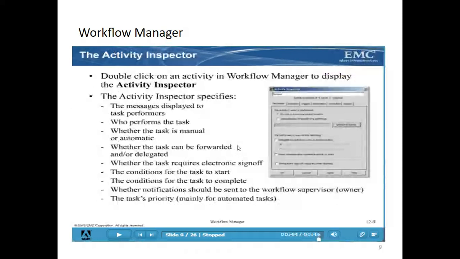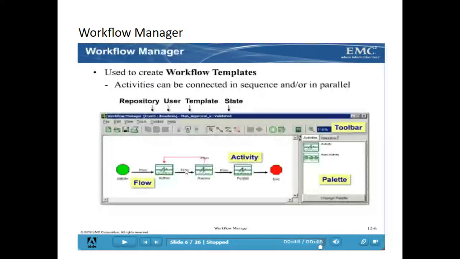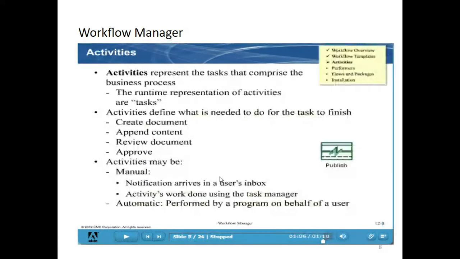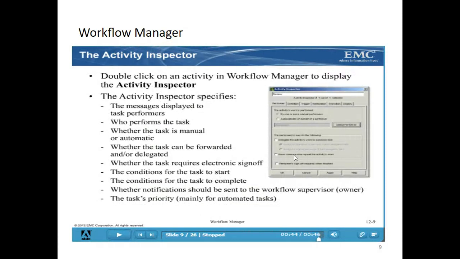And next, let's see about the activity inspector. As I showed, an activity is nothing but the square box in between the initiate and end options. Once we double click this activity, we can see the activity inspector. Activity inspector is one of the important parts of workflow design. If you know all the options in the activity inspector, that's it, you can create the workflow.